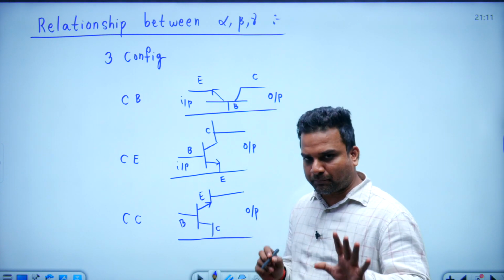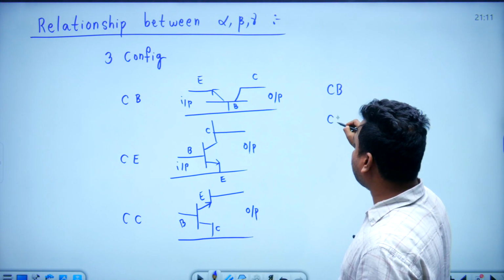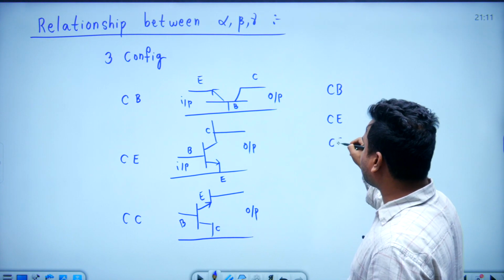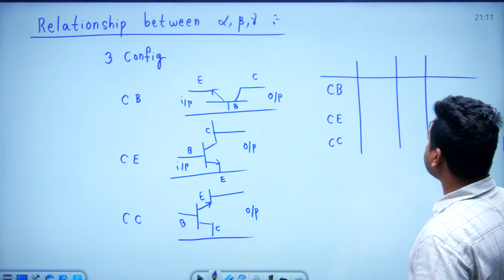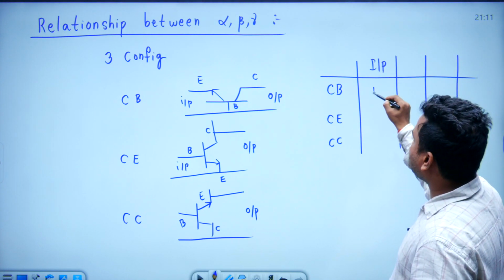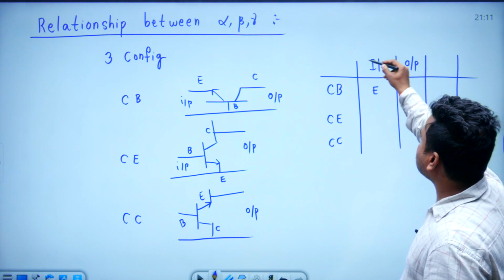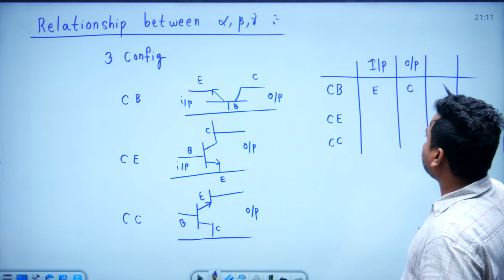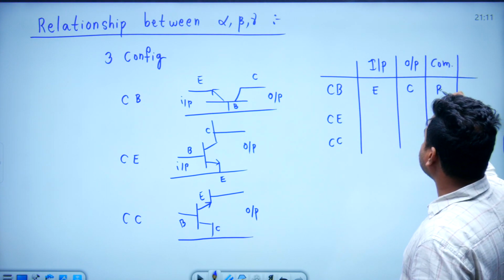So guys, in a simple way, configuration-wise, if you consider common base, common emitter, common collector, in common base the input terminal is definitely emitter and the output terminal is collector. So the common terminal is base.